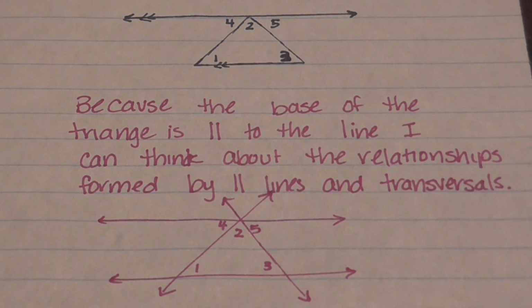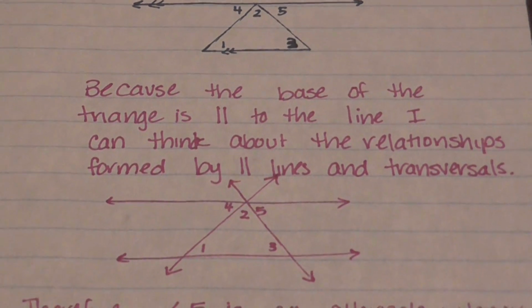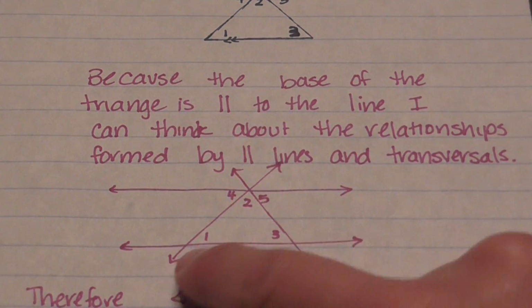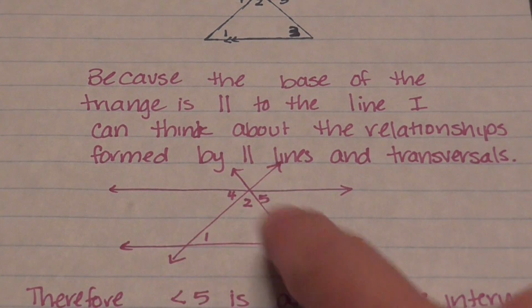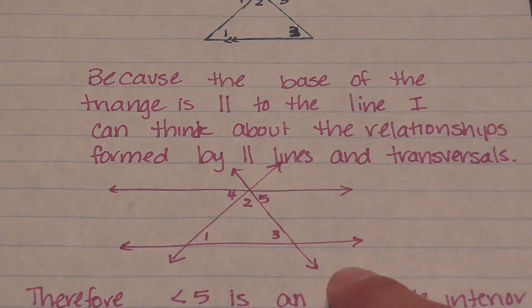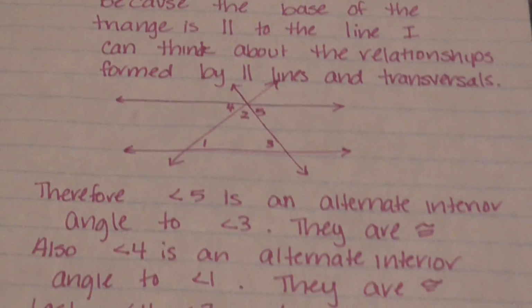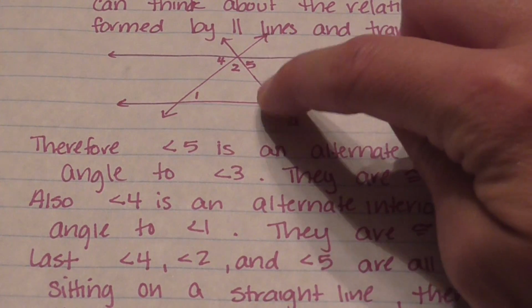So you're thinking about alternate interior angles, same side interior angles, and seeing where that would fall. So I'm going to take that same picture and expand some of the lines that weren't expanded. And what I see is two parallel lines and there's a transversal.